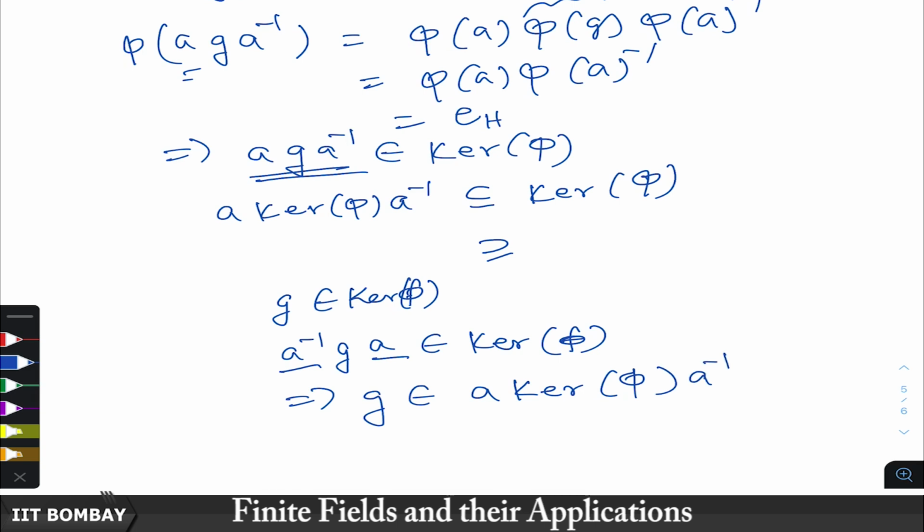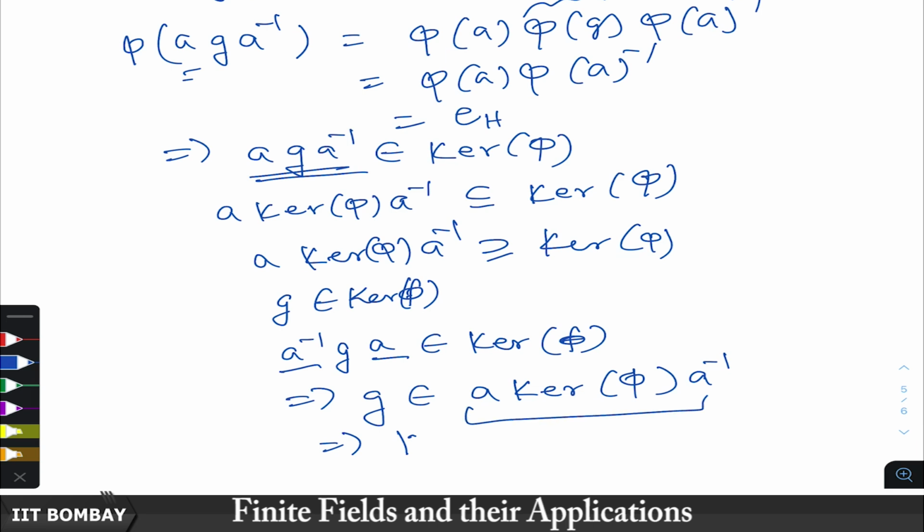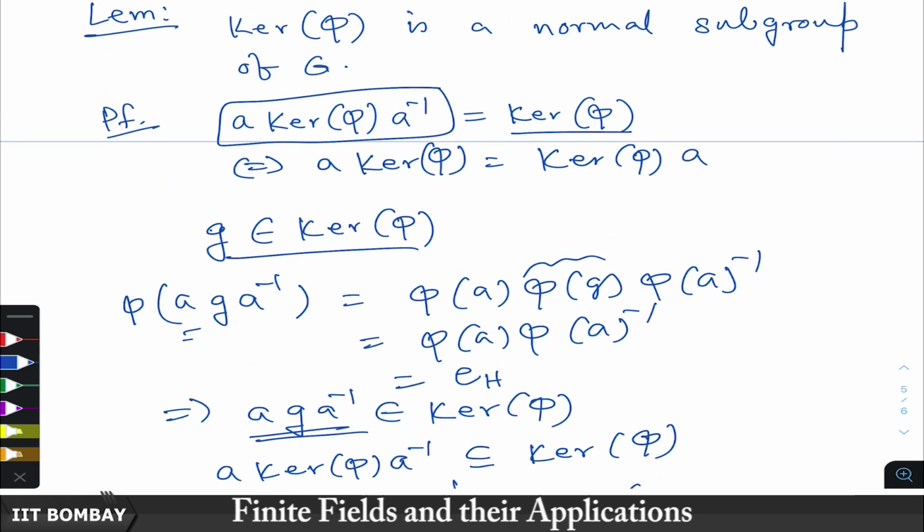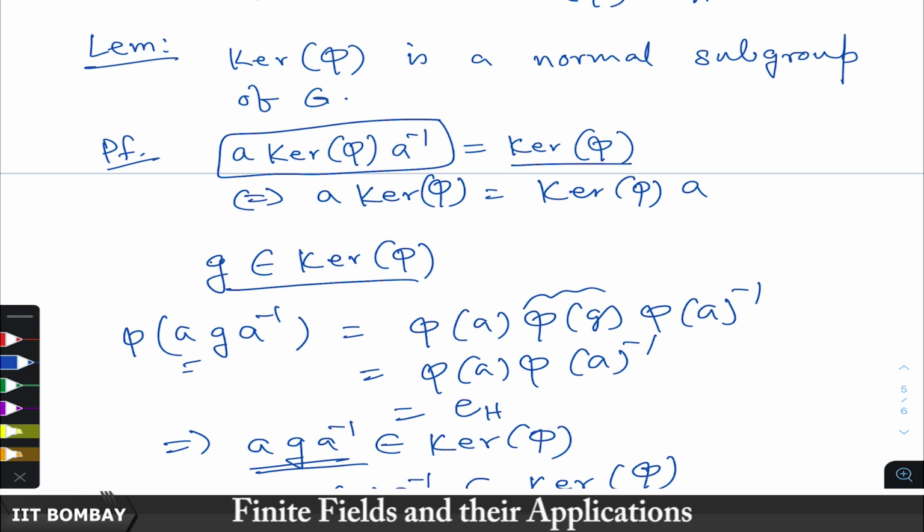So, this implies that the kernel of phi is a subset of a kernel phi a inverse. Here we have proved this property, which means the kernel of phi is a normal subgroup.